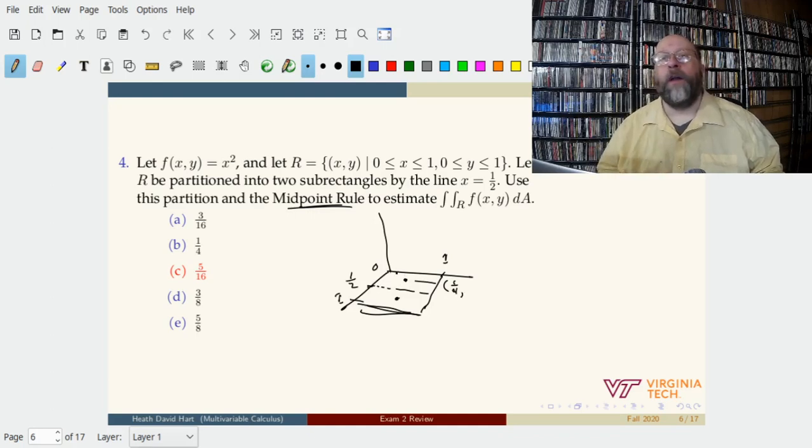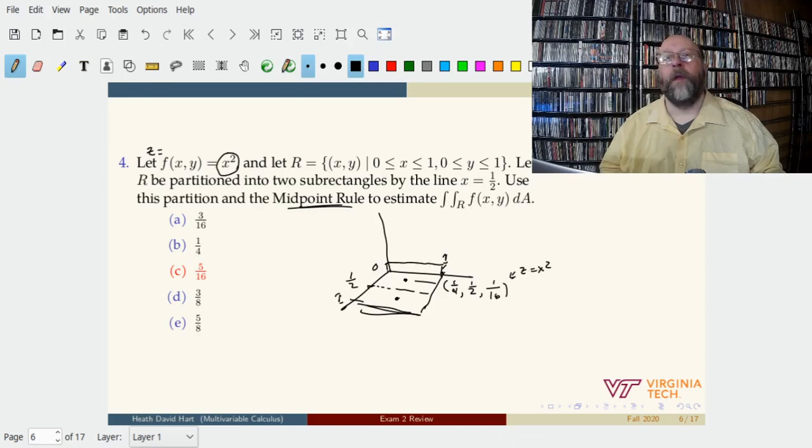The y-coordinate is the midpoint between 0 and 1, so that's 1/2. And the z-coordinate is this function here, z equals f of x comma y. X squared is 1/16. Z equals x squared.